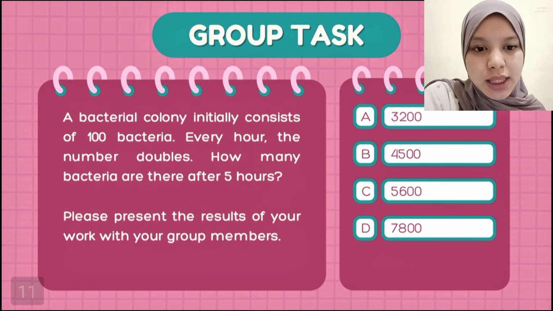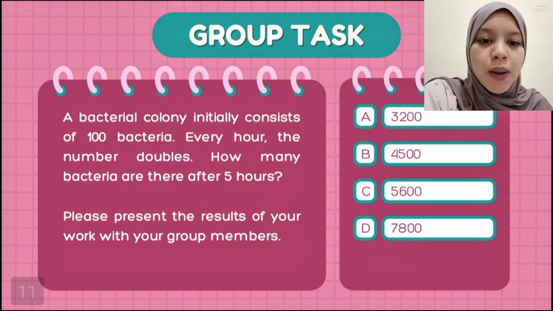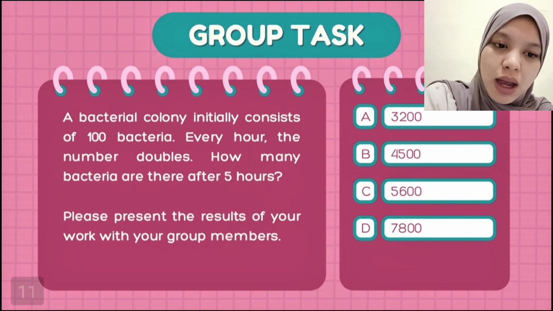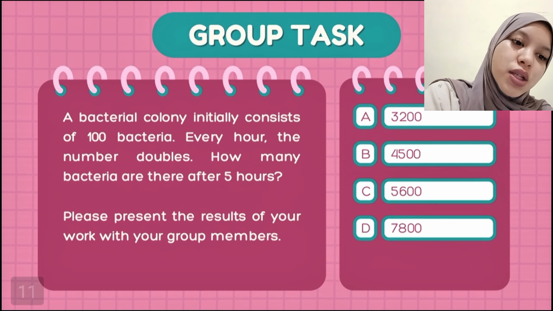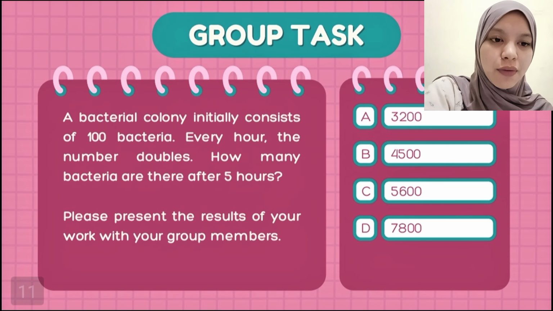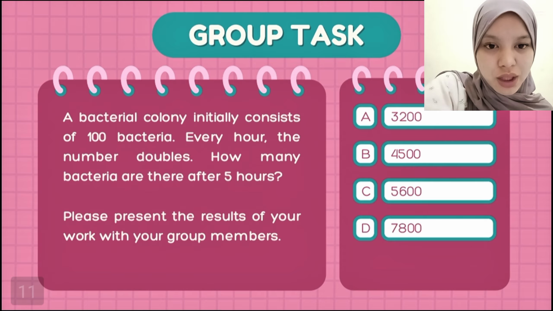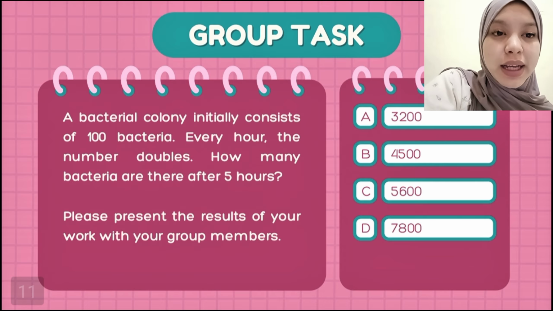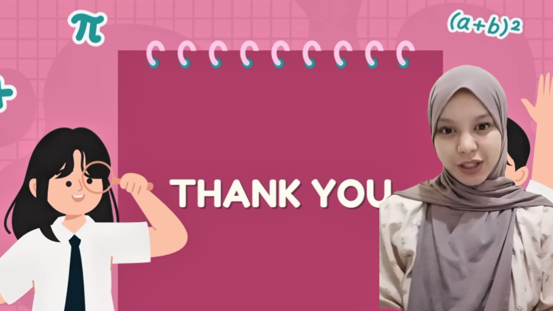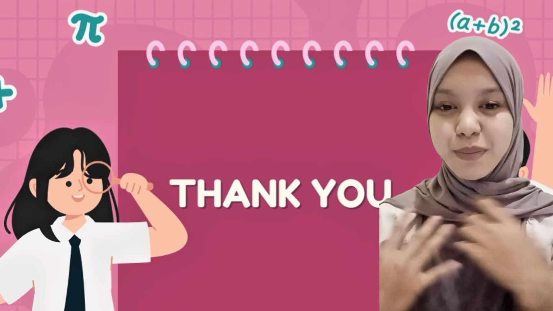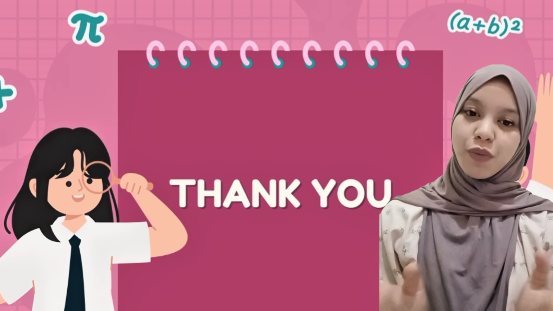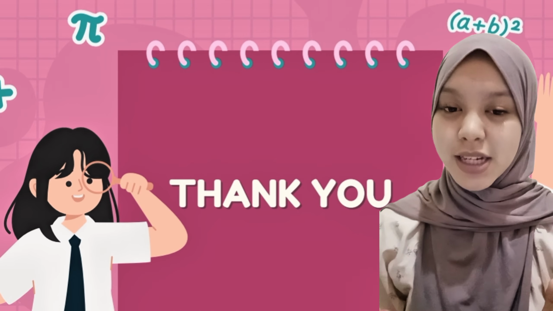This is calculated as 2 to the power of 5 equals 32, then 100 times 32 equals 3,200. Therefore, the number of bacteria after 5 hours is 3,200. Correct answer: A, 3,200.